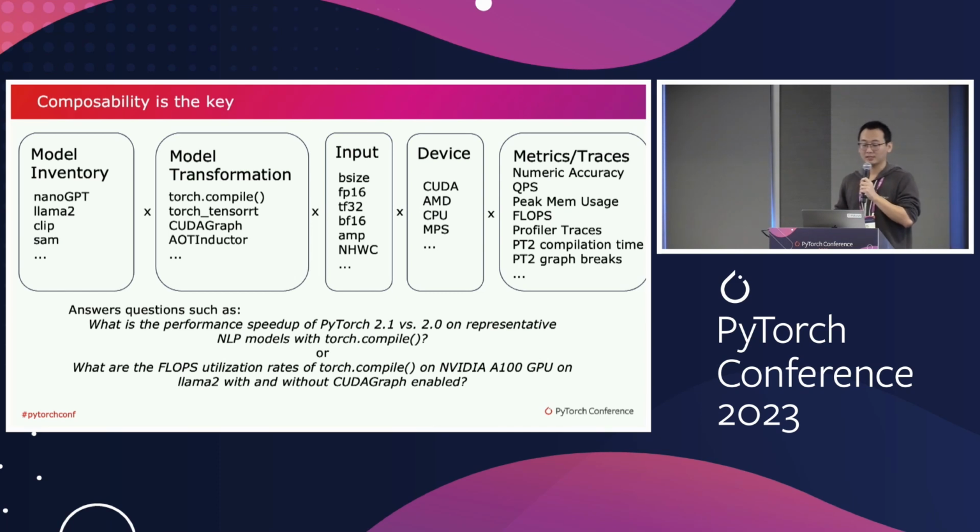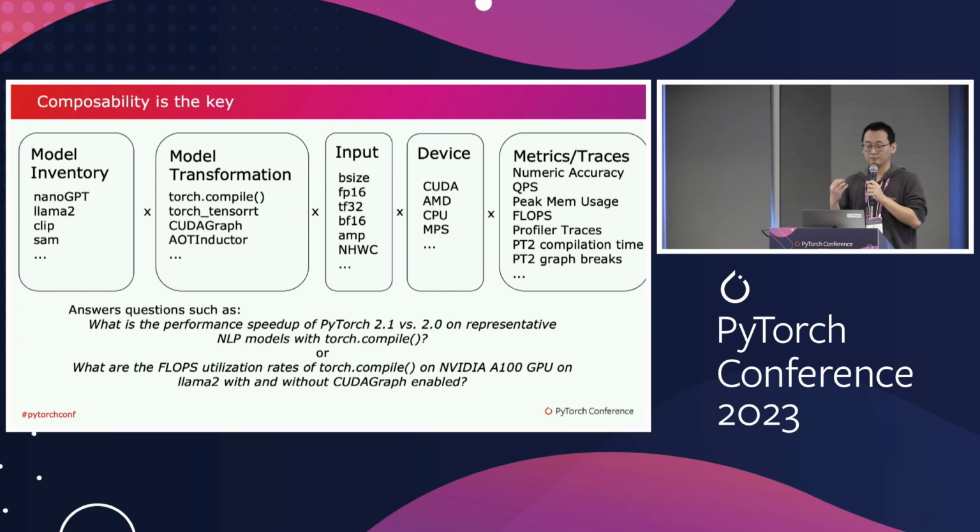And also we support memory-related metrics such as peak memory usage, including both CPU and GPU memory usage. We also support flops counters, supported by the torch dispatch flops counter, so that you know roughly how many GPU flops can be achieved on this model.